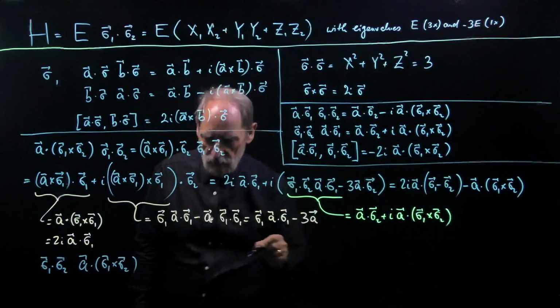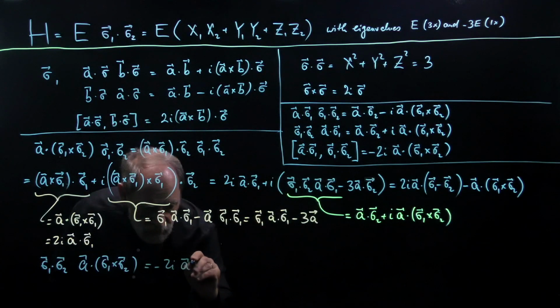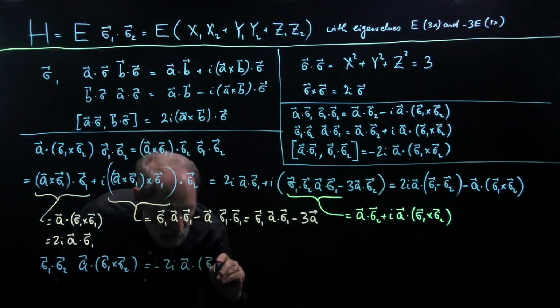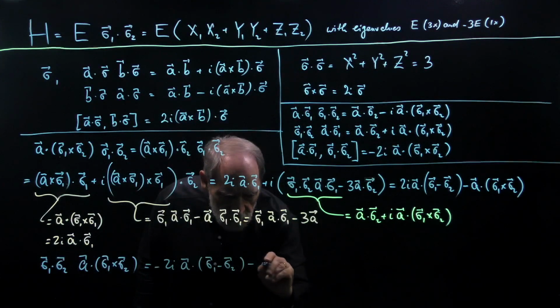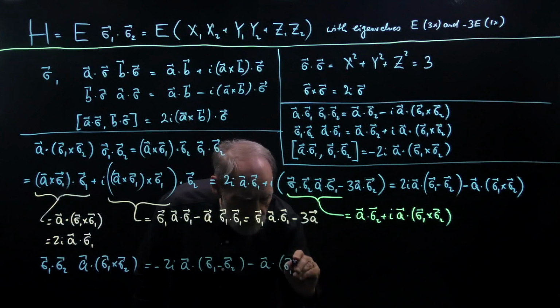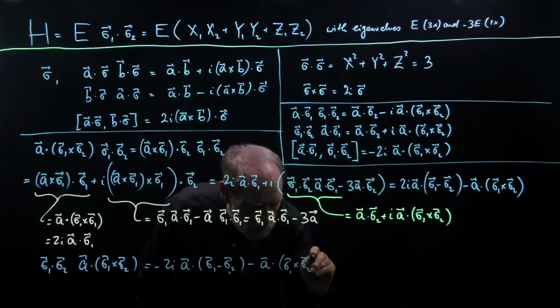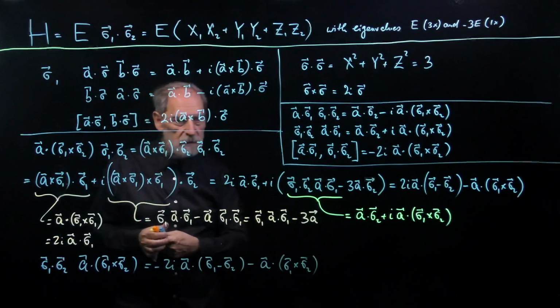Okay, so taking the adjoint will give me minus 2i A dot sigma 1 minus sigma 2, and then minus A dot sigma 1 cross sigma 2. Right?